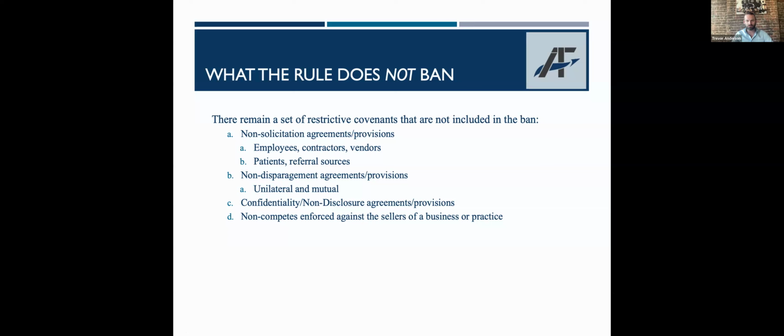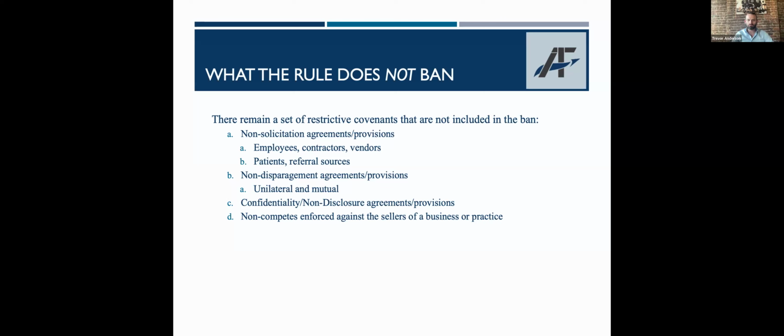It could be contractors, same thing. If it interferes with their contract with you, that former employee is not allowed to try to influence them to leave you. Vendors, same thing, also applies to patients, referral sources, okay, you name it. Non-solicitations will still be enforceable as long as they're not so overly broad or restrictive as to be reconstituted as a non-compete in the FTC's eyes. Okay, still a powerful tool for employers to have, so that's still available.